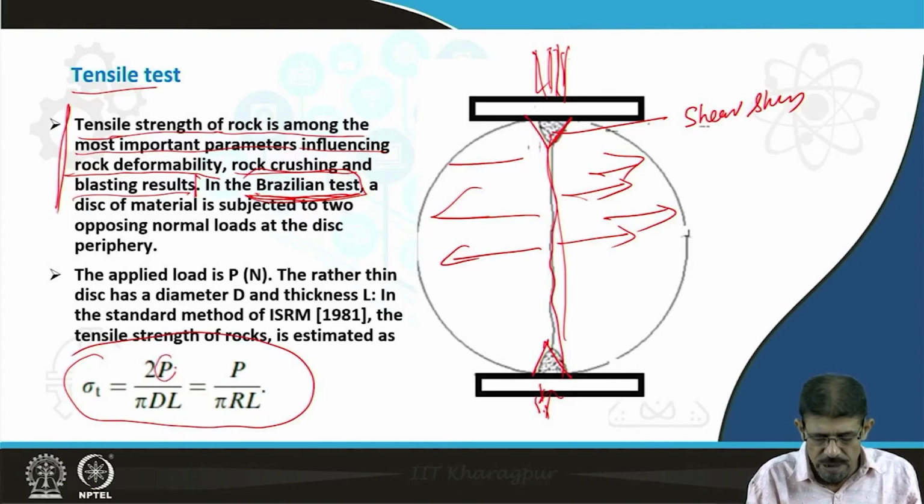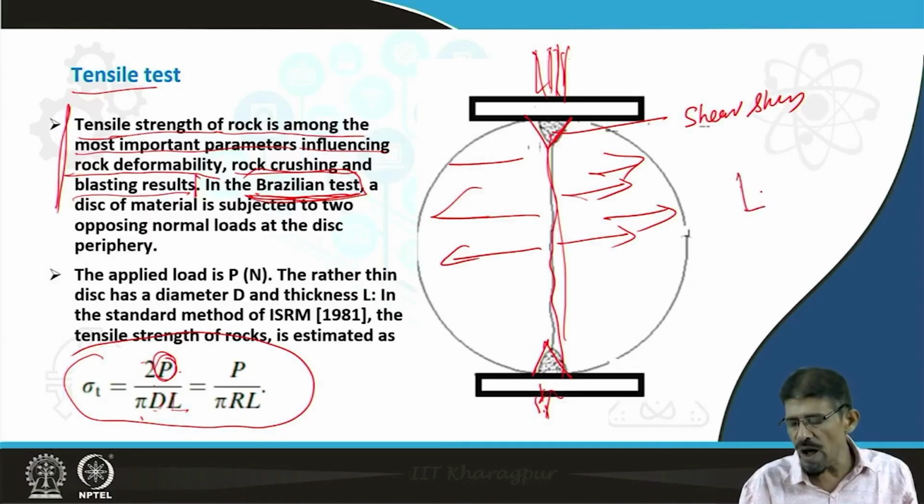Simple, this P is representing the load: 2 times the load divided by pi, the diameter of the sample and the length of the sample. In this case, the length should not be more than 1; it should always be less than 1.